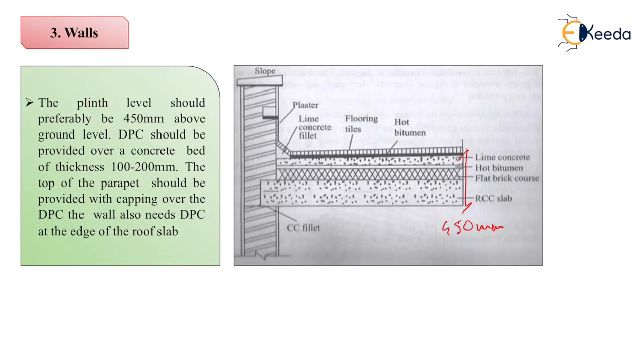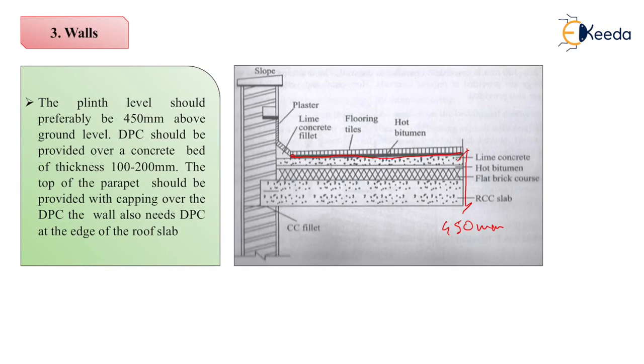DPC should be provided over a concrete bed of thickness 100 to 200 mm. As you can see over here, we have provided a layer of concrete over which this hot bitumen, the black one, is laid; that is nothing but DPC. The material used here for DPC is hot bitumen. So DPC we can provide over a bed of 100 to 200 mm of concrete.